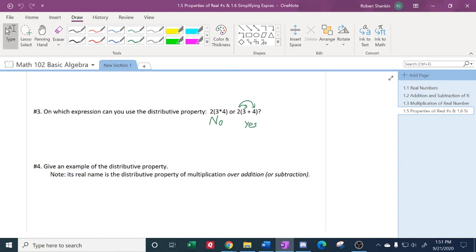So make up your own example of the distributive property. And go ahead and enter and look at the different examples.